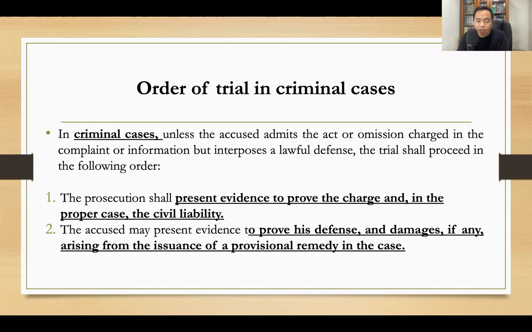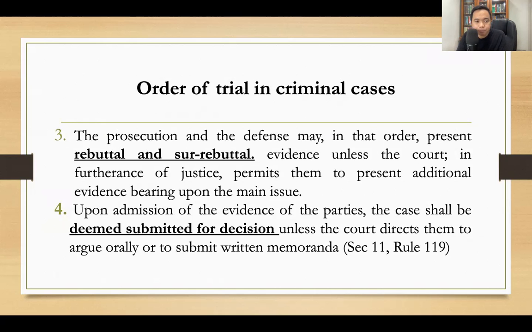For example, in a case of self-defense, defense of a relative, or defense of a stranger, under Article 11 of the Revised Penal Code, or the justifying circumstances, then there will be a reverse trial. The accused then will present evidence ahead of the prosecution because, again, the allegations of the prosecution have been admitted by the accused. Okay?